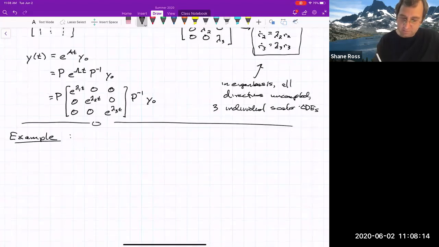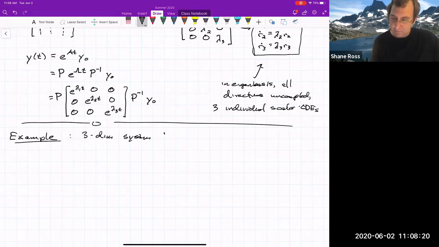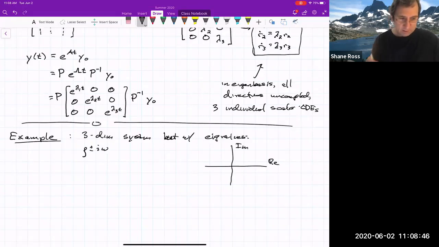Again, a three-dimensional system, but with eigenvalues, we'll say there's a complex conjugate pair, and the eigenvalue is, I'll call it, rho plus or minus i omega. So let me sketch the eigenspectrum, where rho is negative and omega is greater than 0.